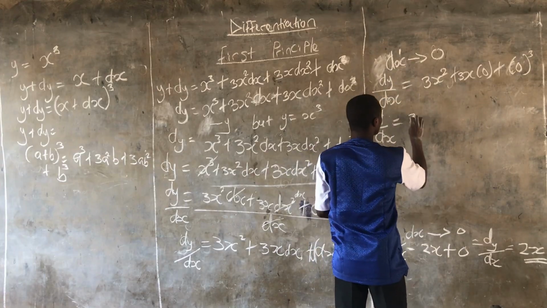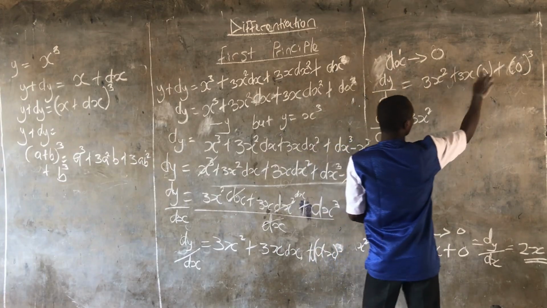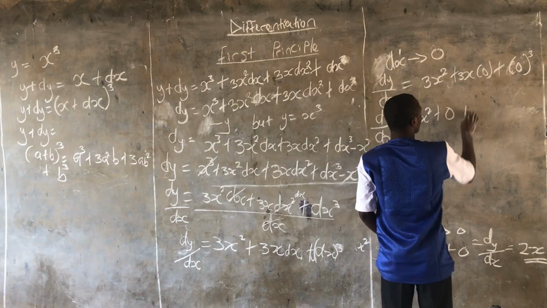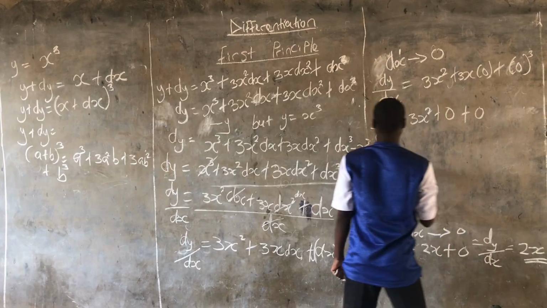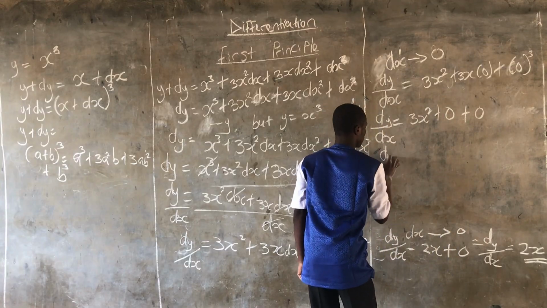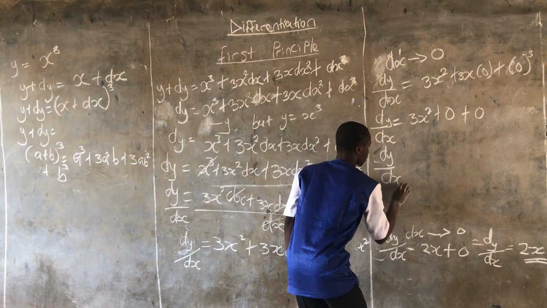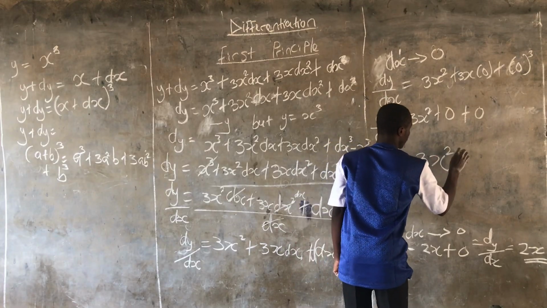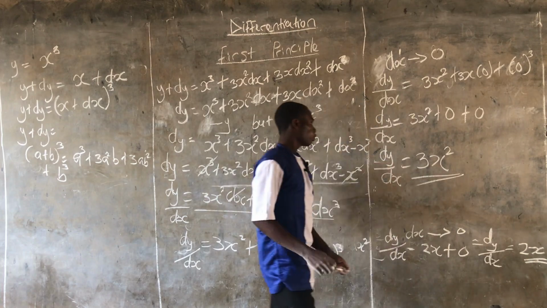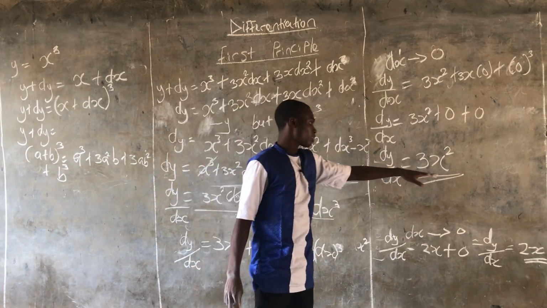So now our dy over dx will be equal to 3x squared, plus 3x times 0 is 0, plus 0 raised to power 3 is 0. So our dy over dx will be equal to 3x raised to power 2. This is called the derivative.